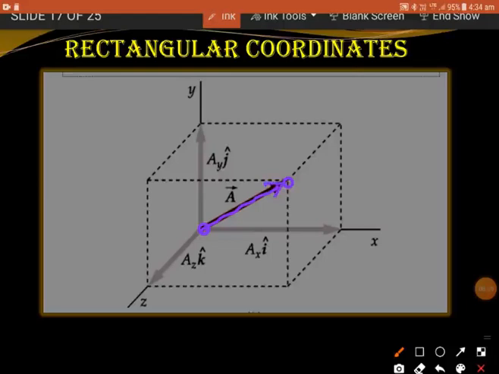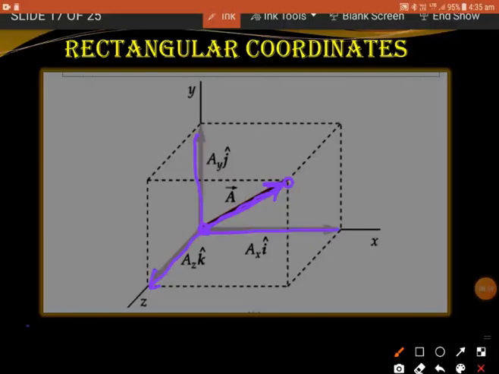Then what happened? Each component means those components which constitute this vector. When you split this given vector into three components, we call them three rectangular components, one along x-axis, another along y-axis, and another along z-axis. The component can be written like this.